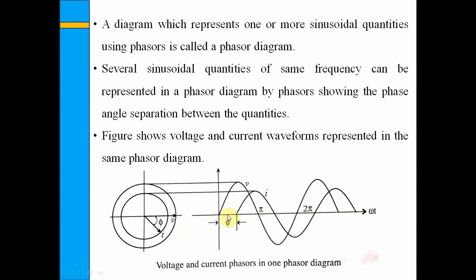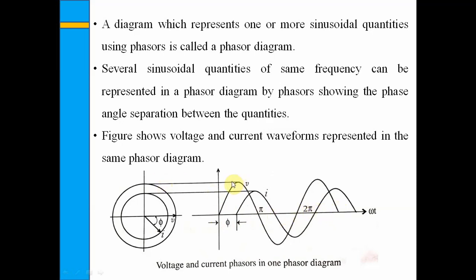The zero crossing point of the current lags the zero crossing point of the voltage by phi, and the peak of the current again lags the peak angle of the voltage by angle phi, and that phase lag is maintained throughout.